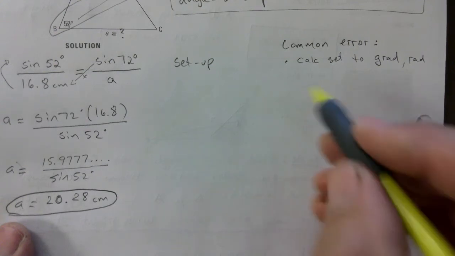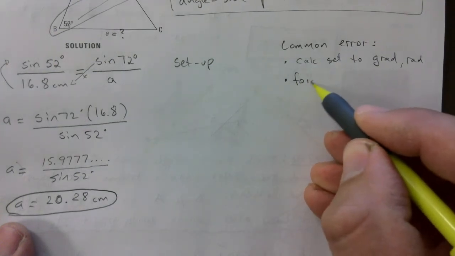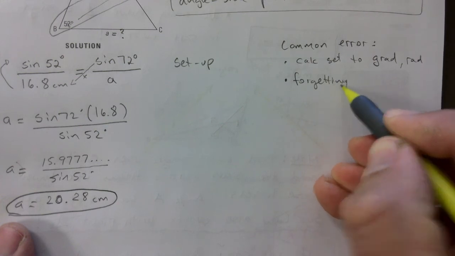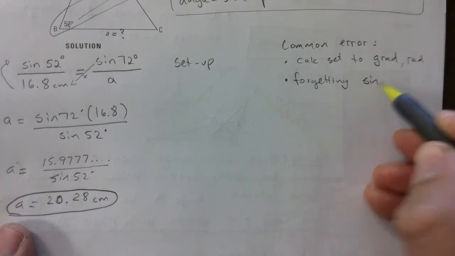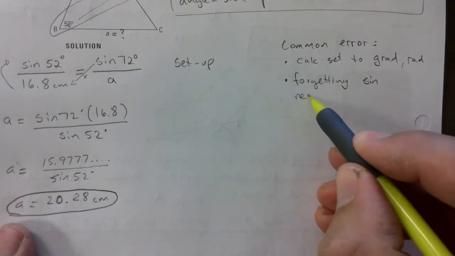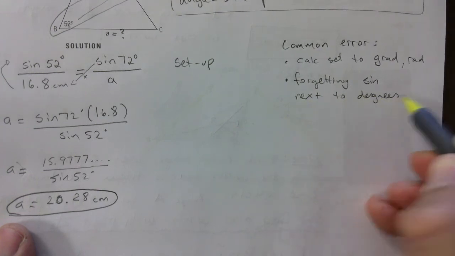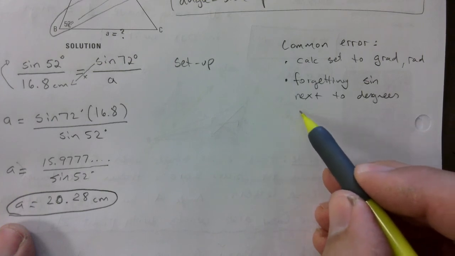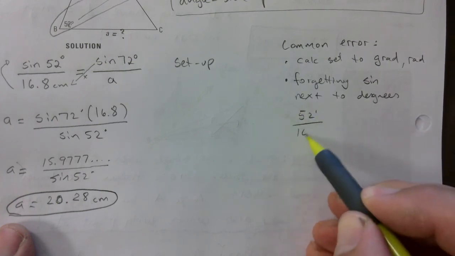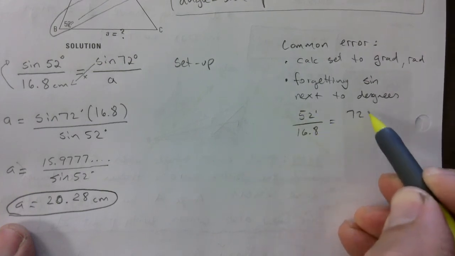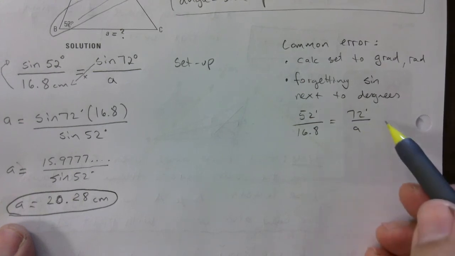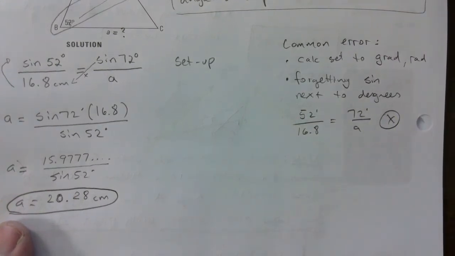So the other one is forgetting sin next to degrees. So for example, some students do this. 52 over 16.8 is equal to 72 degrees over A. Right, that's wrong.